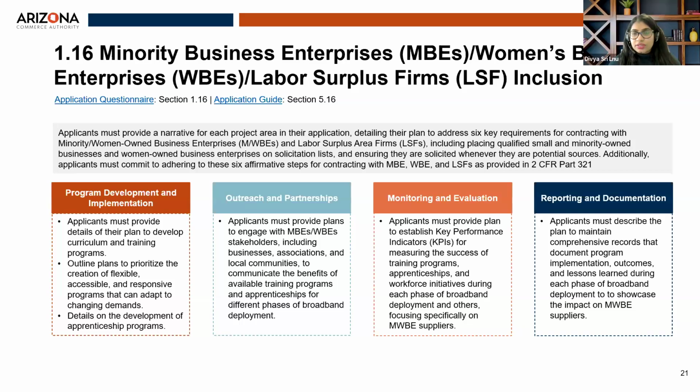So this section is on compliance for MBE, WBE, and LSF inclusion. This would require the applicants to provide a narrative on how they would ensure these firms are represented on the solicitation list, and how they would include them across these 4 categories: program development and implementation, outreach and partnerships, monitoring and evaluation in terms of developing KPIs for ensuring their participation during these projects wherever applicable, and then reporting and documentation of involving these kinds of firms.